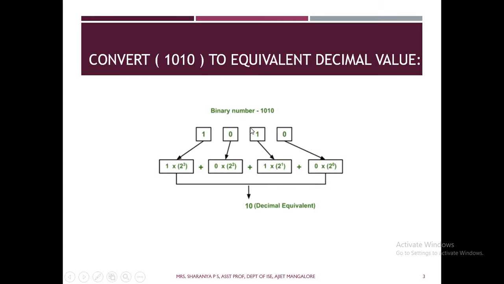Then the very next digit is 1, and 1 into 2 to the power of 1, and 0 into 2 to the power of 2, and 1 into 2 to the power of 3. All these values need to be added together, which will yield the final decimal value of the given binary number, that is nothing but 10 in this particular case.